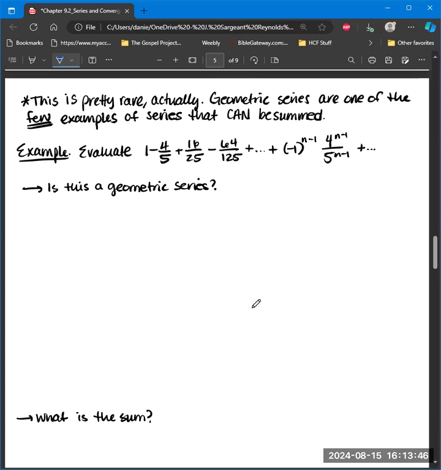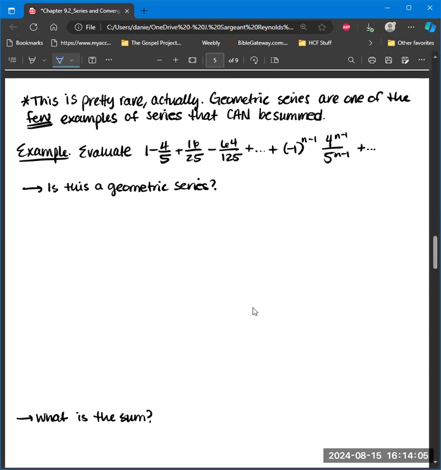But first, let's look at 1 minus 4/5 plus 16 over 25 minus 64 over 125 plus dot, dot, dot, plus -1 to the n minus 1 of 4 to the n minus 1 over 5 to the n minus 1.